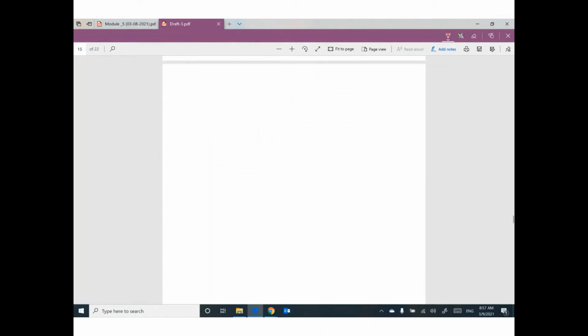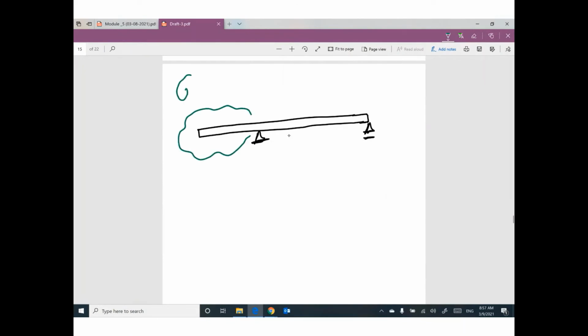Just right now, we learned: if we have a beam, remember this beam is one piece, one stick, supported on this hinge or roller, I don't care, and we have another support here, this beam can be called simply supported with cantilever. This part can be called the cantilever: the hanging part of the beam, supported from one side and free on the other side.